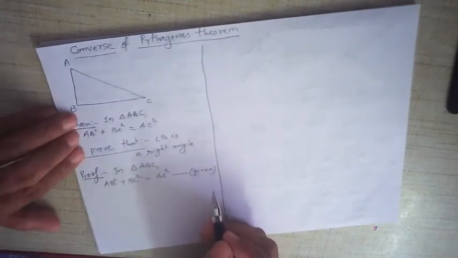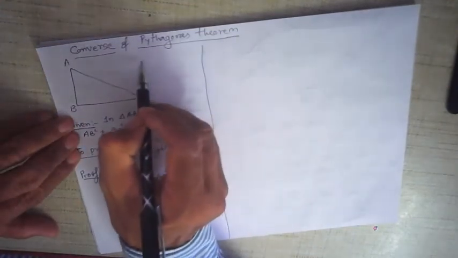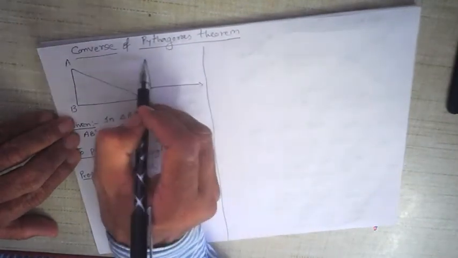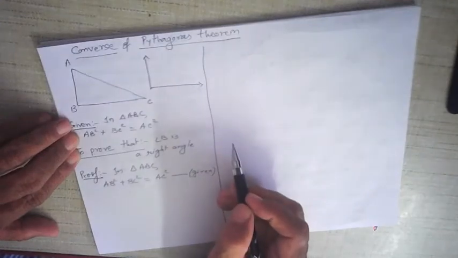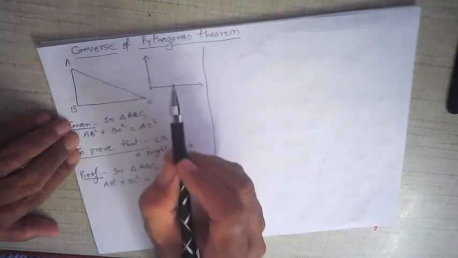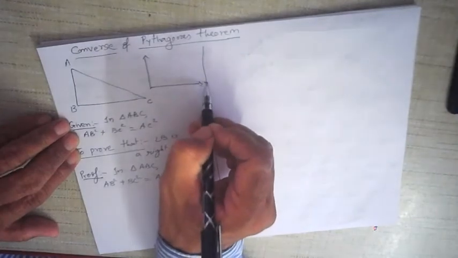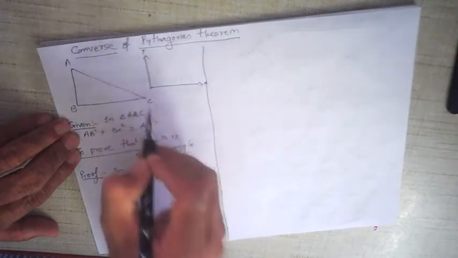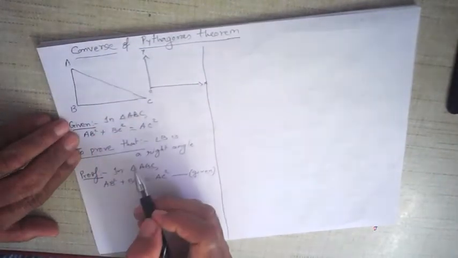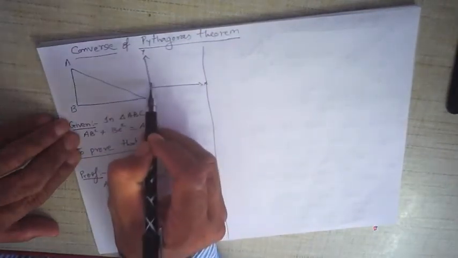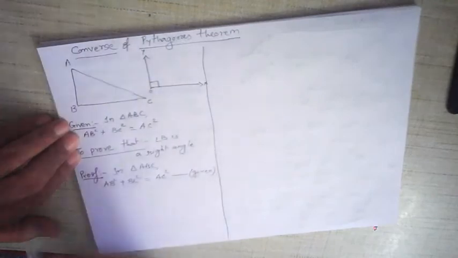Now I'm going to construct something here. We have two axes here. Remember, when you draw a graph, you get the x-axis and y-axis. This is your x-axis and this is your y-axis. This is the origin, O, where the two axes meet, and the two axes are always at right angles, at 90 degrees.